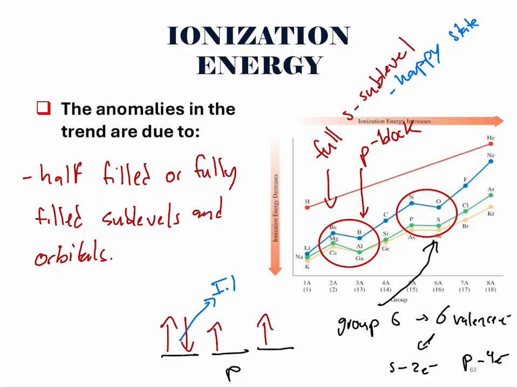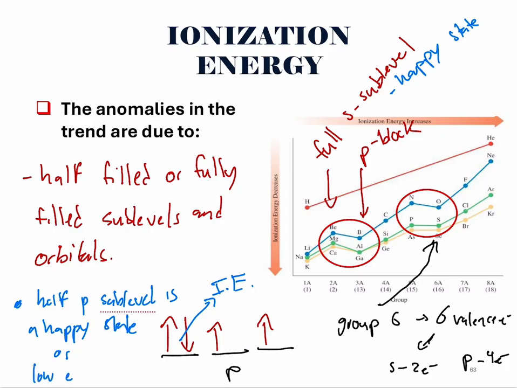If we get rid of this with ionization energy, a half-filled p sublevel is a happy state or low energy state. So because having a half-filled p sublevel is low in energy, it makes it easy to get rid of that extra electron, which is why you see these anomalies as you go across for ionization energy.